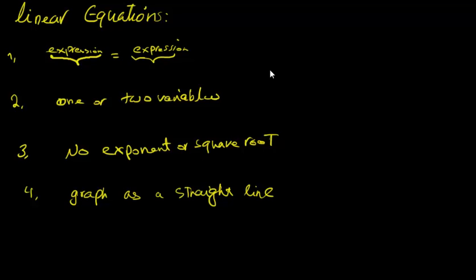So knowing that, you can then plot the points named by x and y, or any letters that you pick, on the coordinate grid.